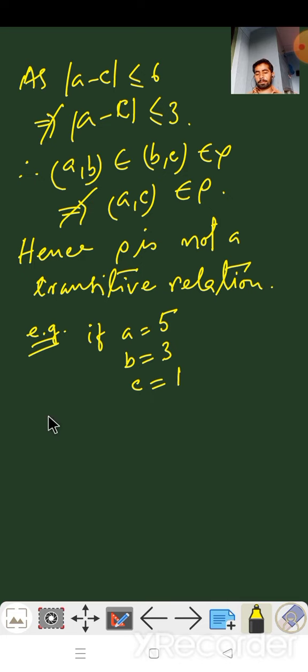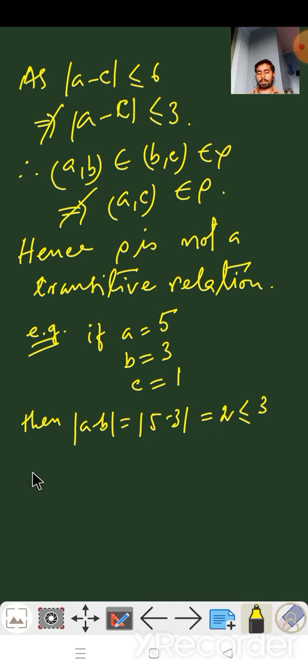Then the modulus of a minus b equals the modulus of 5 minus 3, which equals 2, which is less than or equal to 3. And the modulus of b minus c equals the modulus of 3 minus 1, which equals 2, which is also less than or equal to 3.